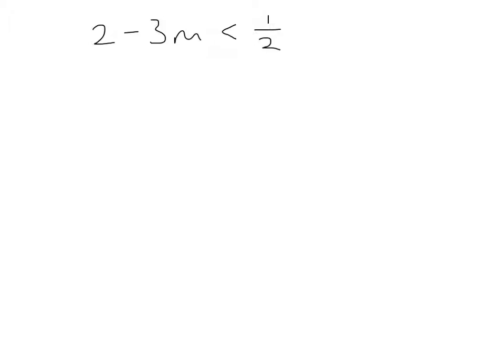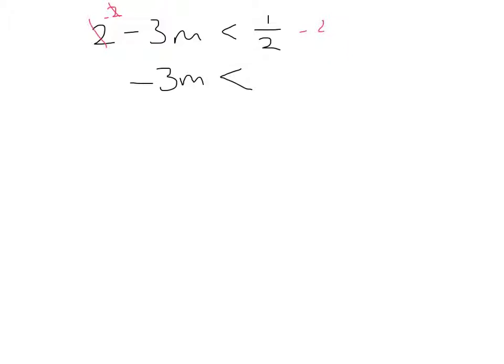So what we need to do is we'll take away 2 from both sides to start with. Taking away 2, they will cancel down. Then we have negative 3m left on the left hand side is less than 1/2.